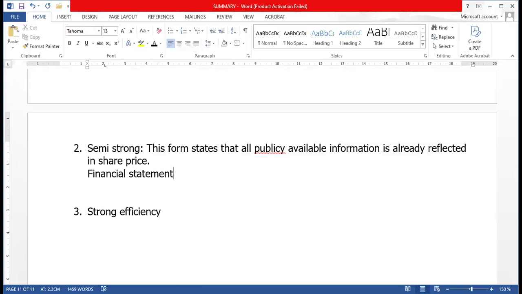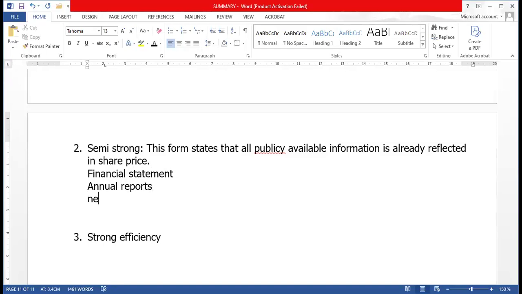People who analyze those look at the financials before investing. So we are saying that the public information here includes things like the financial statements, which could be the annual reports, any report that you publish.